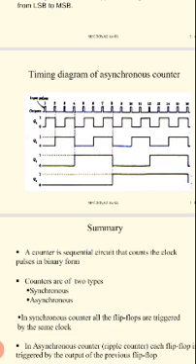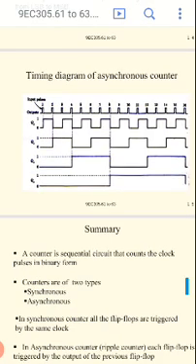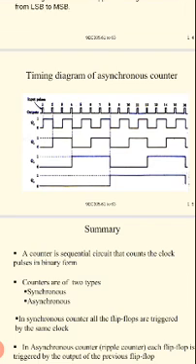The third flip-flop remains low up to the fourth clock pulse, and from fourth to eighth it remains high. The fourth flip-flop remains low up to 8, and after 8 clock pulses it remains high for the next 8 clock pulses.